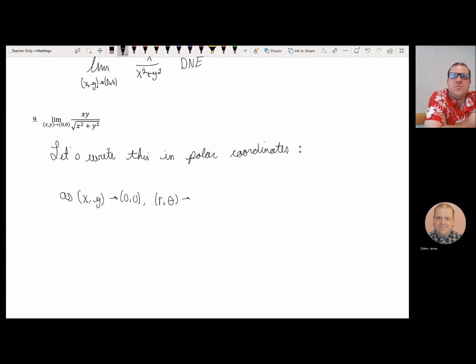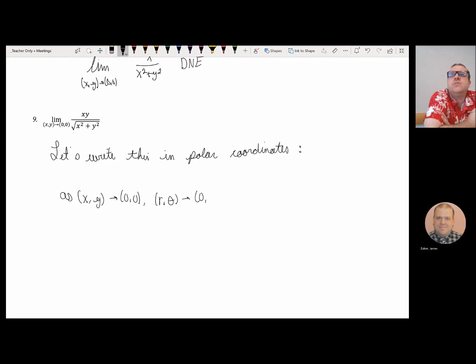As xy approaches the origin, what does r, theta do? All right, so just think of each piece individually. As xy approaches 0, 0, what is r doing? To what? r is approaching 0.